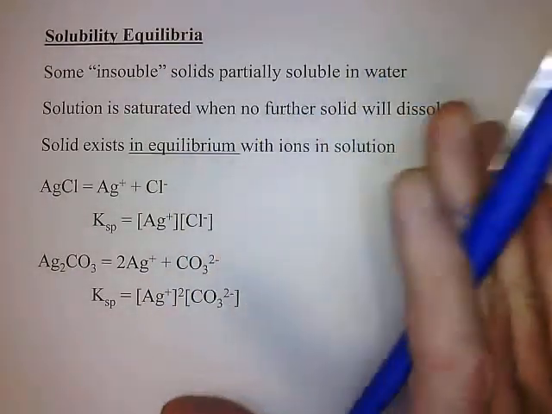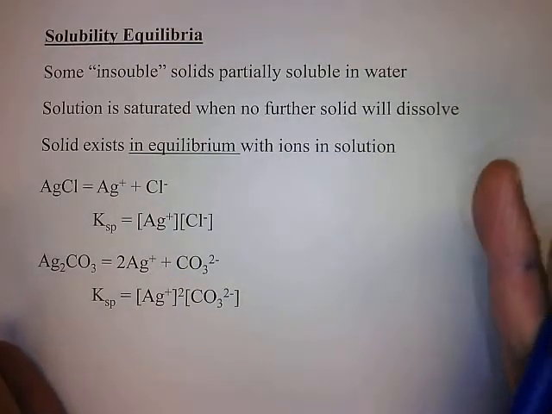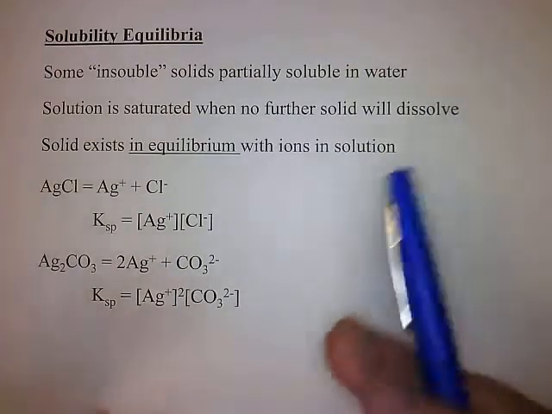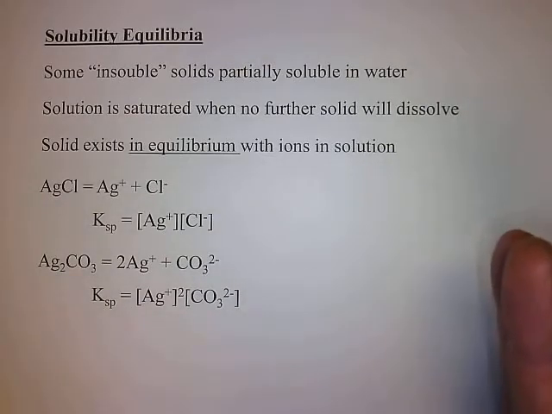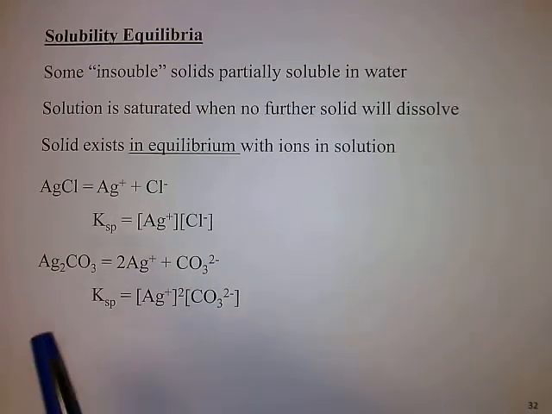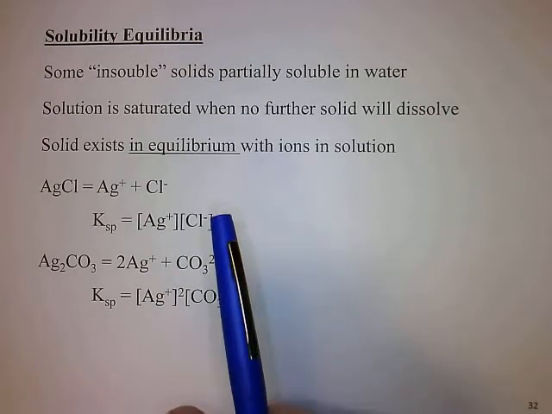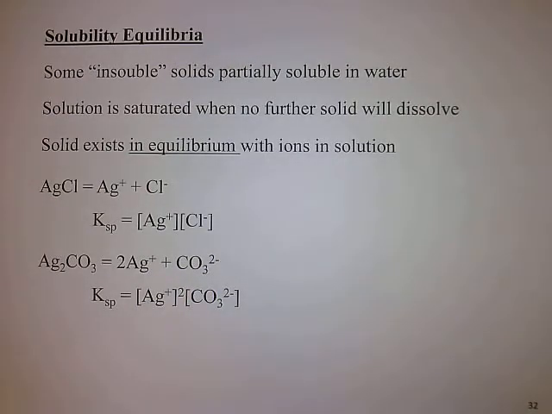If you keep adding and adding a solid, eventually you get to the point where no more will go into solution and it starts settling at the bottom of your flask or beaker. That's when you have a saturated solution. And in a saturated solution, you have solid in equilibrium with the ions in solution.